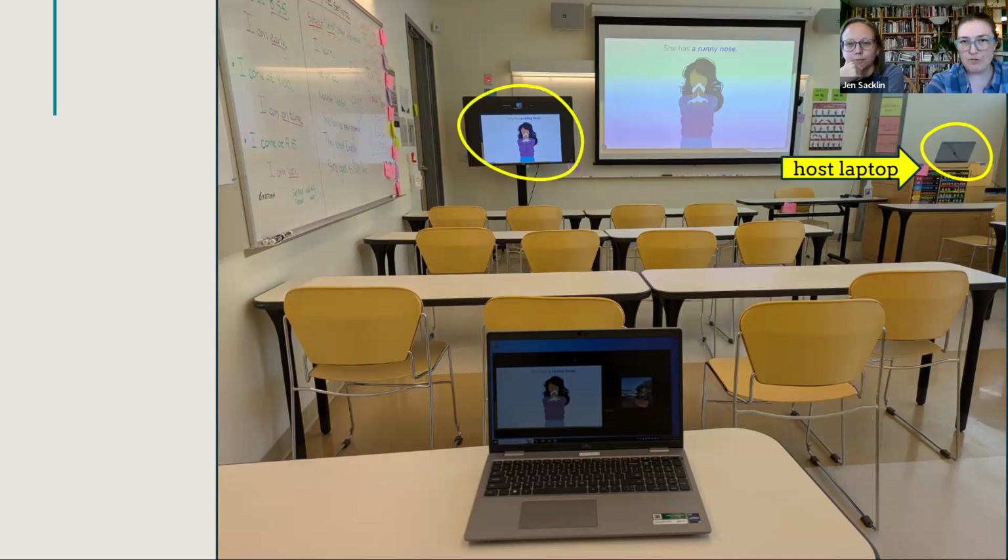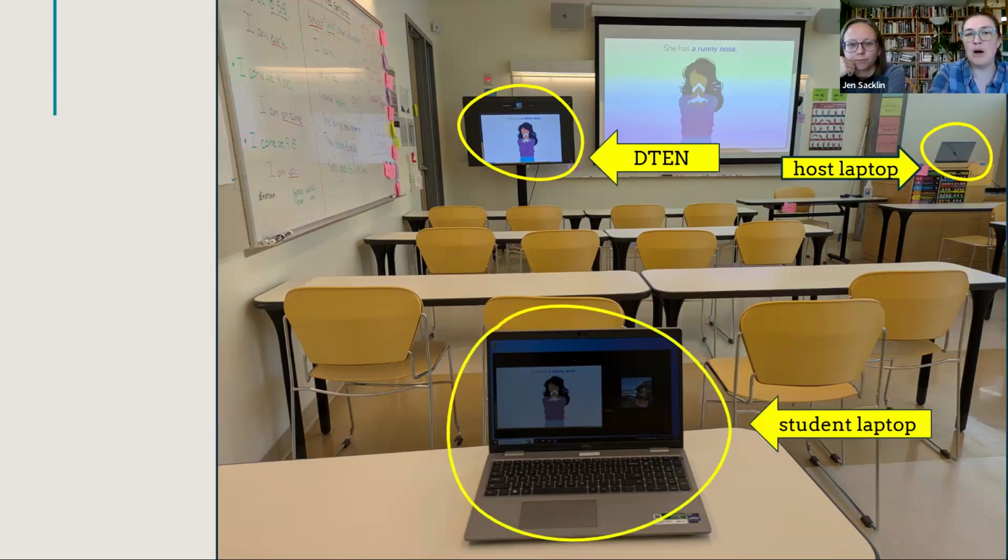This box up here at the front of the room on wheels is called a D10. It's basically a large touch screen that runs Zoom, and it has a camera in it and a very good microphone. So if there's a remote interpreter, they are hearing everything that's happening in the class via the microphone in the D10, and they can see in a broad sense what's happening in the classroom using the fisheye camera in the D10.